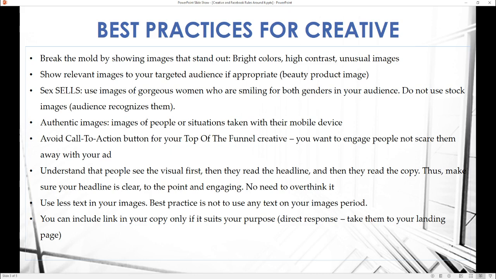So that takes us to the second part, which is we want to show relevant images to our targeted audience if appropriate. There are many different ways that you can take your approach towards creative, but one of them is to be just direct.